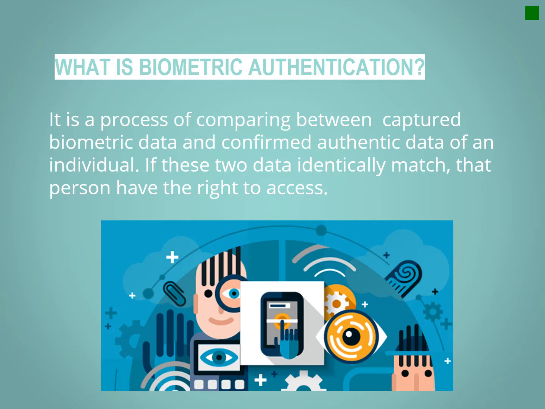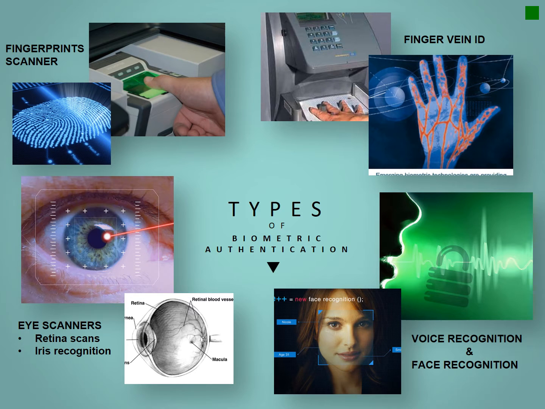Typically, biometric authentication is used to manage access to physical and digital resources such as buildings, rooms, and computing devices. There are 6 different types of biometric authentication, and here I would like to start with the first one, which is eye scanners.